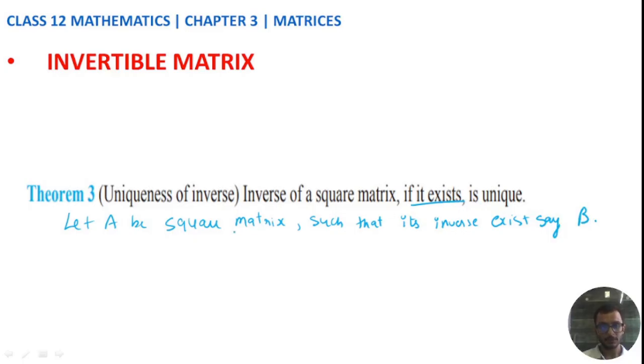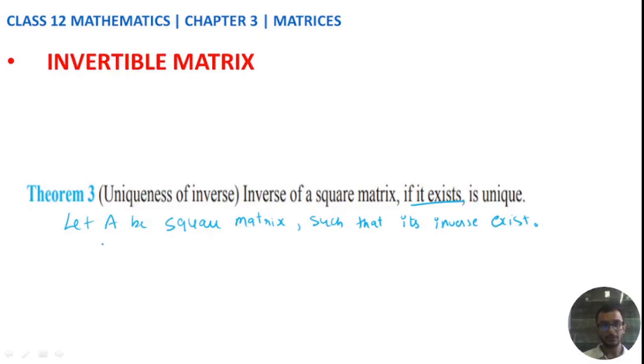So let A be a square matrix such that its inverse exists.